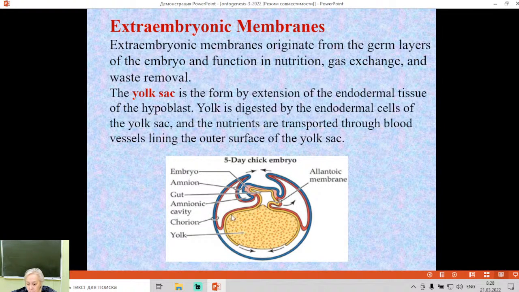And you see the process of formation of yolk sac on this slide, yellow, and the process of formation of amnion, blue, chorion, and what this protrusion is, allantois membrane.